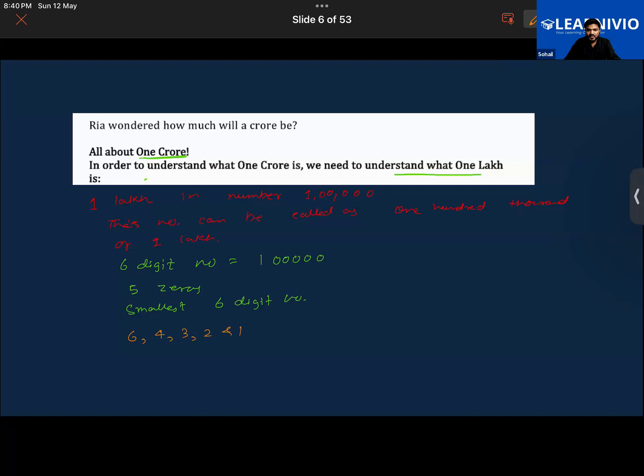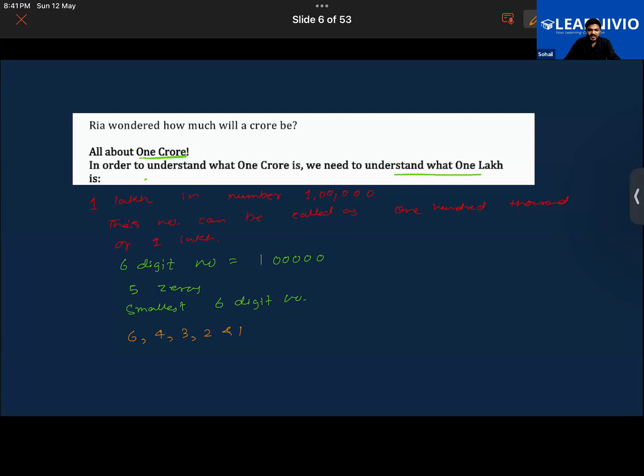Using these, you can create the biggest number possible or the smallest number possible.